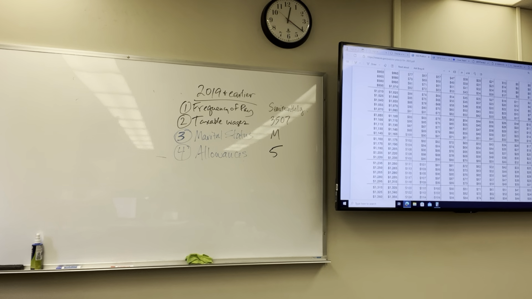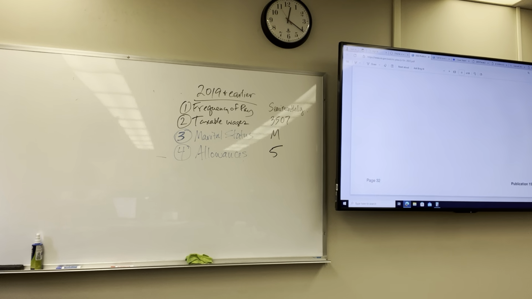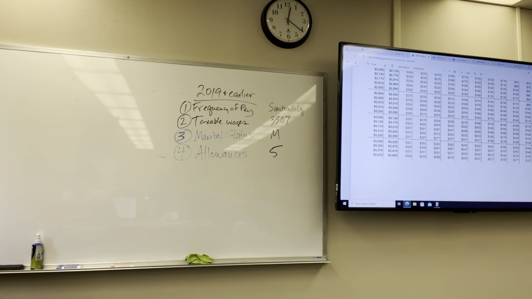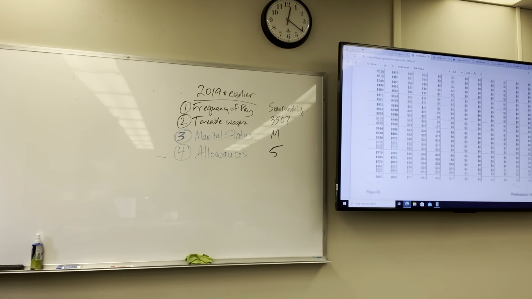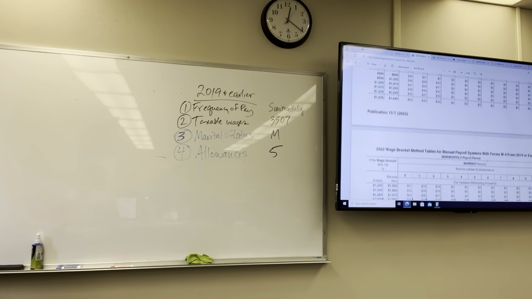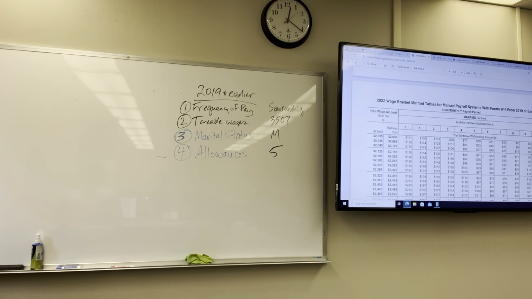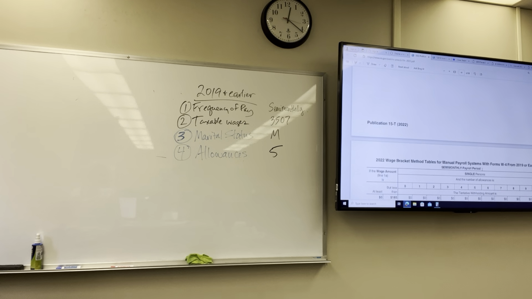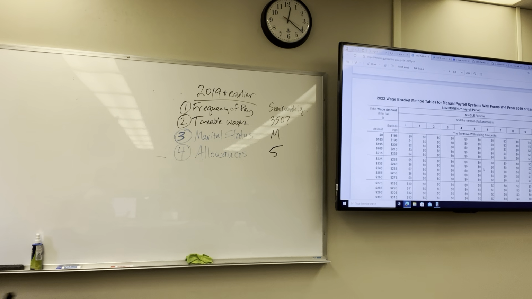Find the right table. This is weekly, there are a lot of tables here. Bi-weekly, because we've got bi-weekly single, bi-weekly married. Okay, semi-monthly married, we're on the right table here. Oh shoot, I picked too high an amount.